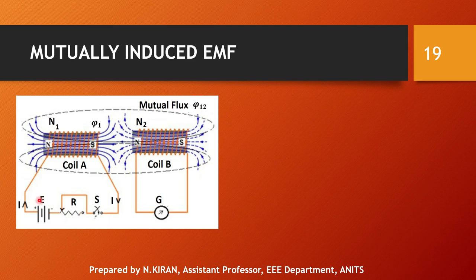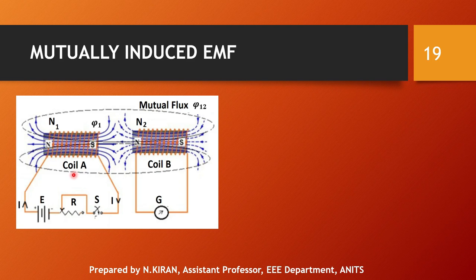Now let me change the current flowing in coil A. As soon as I change the current in coil A, the flux produced, phi 1, will change, and obviously phi 12 also changes. So due to the change in flux linking both coil A and coil B, according to Faraday's law, EMF should be induced in both the coils.